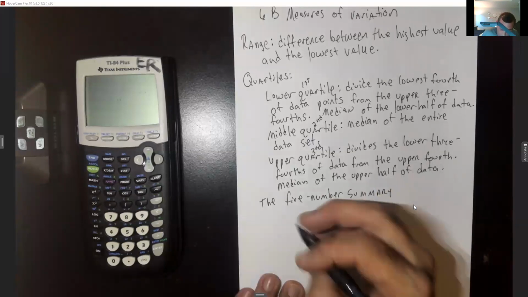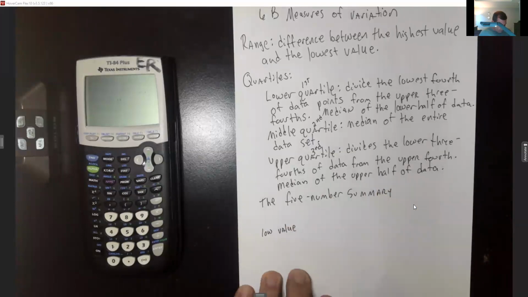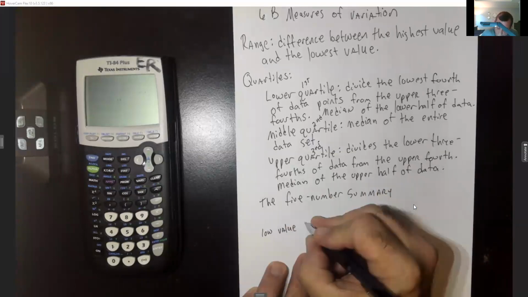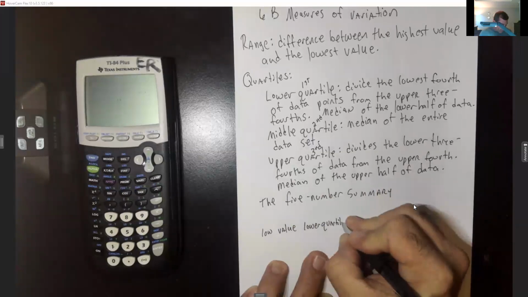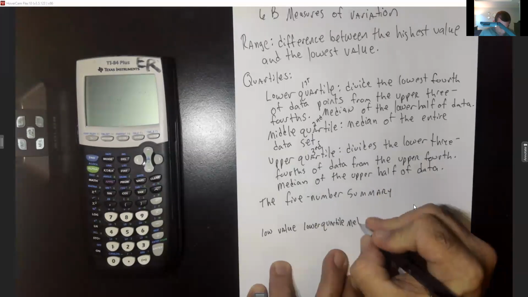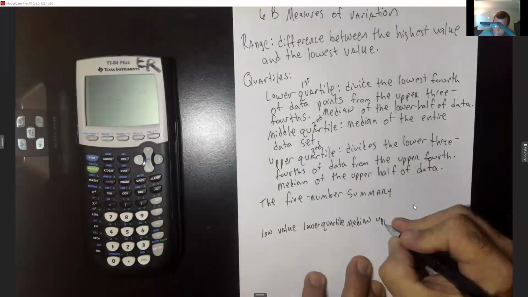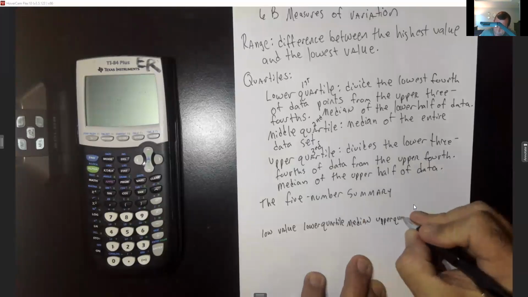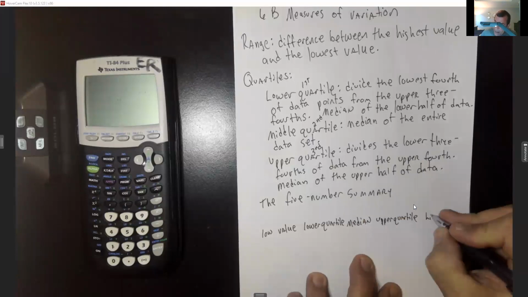You're going to have a low value. Then we're going to figure out our lower quartile, our median, our upper quartile, and then our high value.